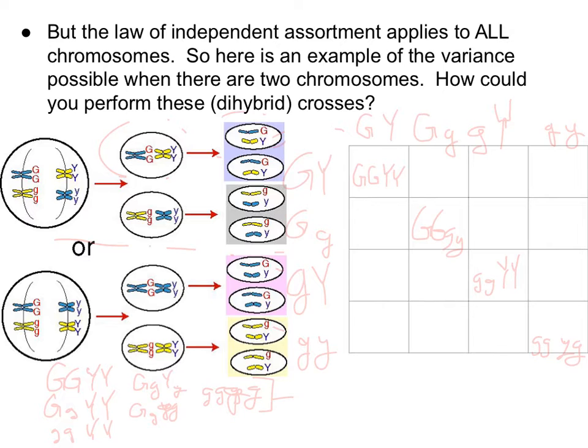So these are all the genotypes, and those combine to a phenotype ratio of 9, 3, 3, 1. We'll talk about that a little in class. So these are the phenotypes here.